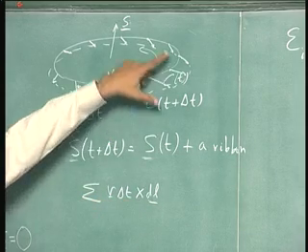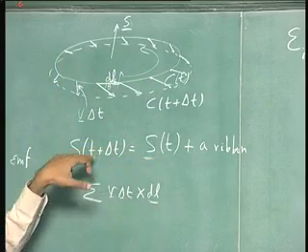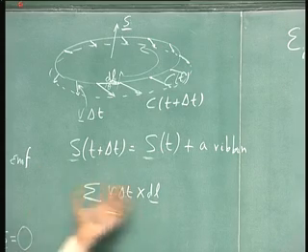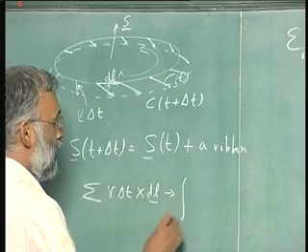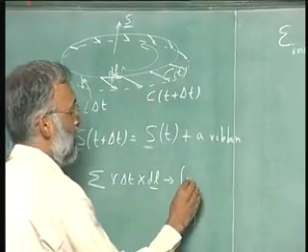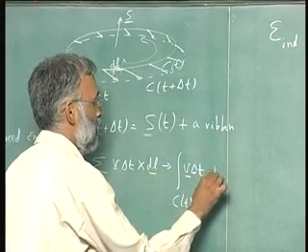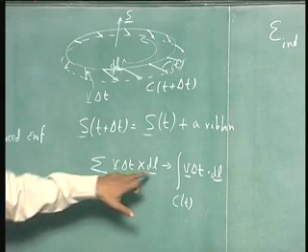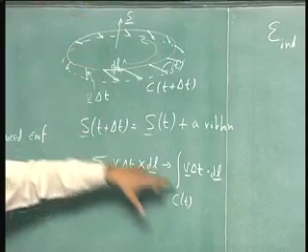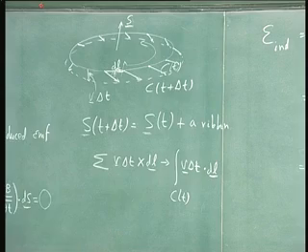I sum up over all the dl's, that will give me the area of the ribbon, which has to be added to S of t to give me S of t plus delta t. A summation is really an integral, so this becomes integral on this C of t of v delta t cross dl. That is, the summation was over dl, and if I make the dl smaller and smaller and more in number, that becomes an integral. So this is what I really have.